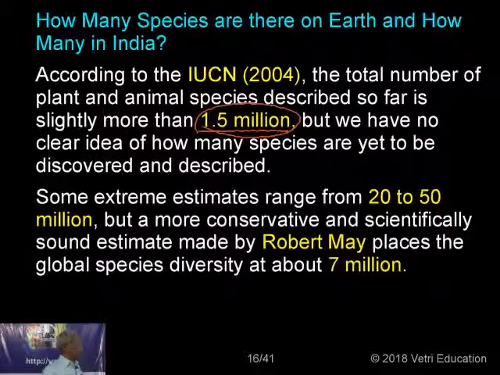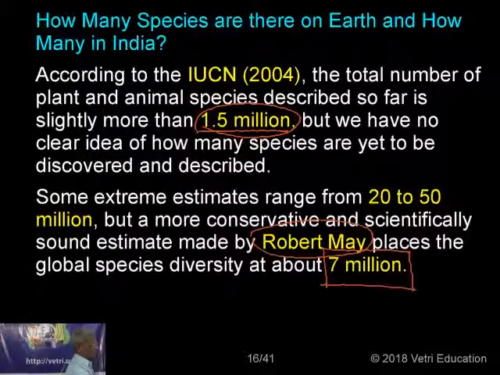Some extreme estimates range from 20 to 50 million, but a more conservative and scientifically sound estimate made by Robert May places the global species diversity at about 7 million. Because of this very extensive research, Robert May says that it will be round about 7 million, 7 followed by 6 zeros.